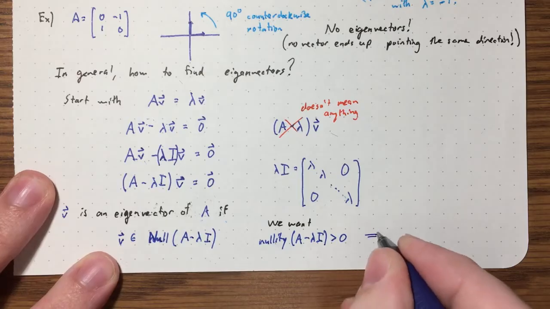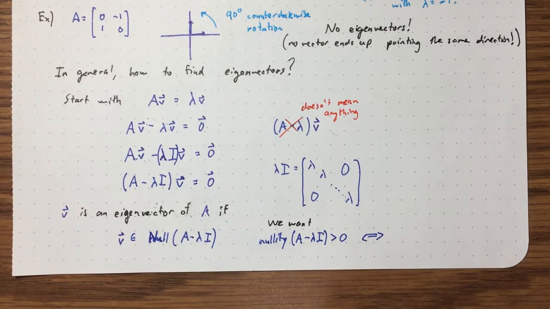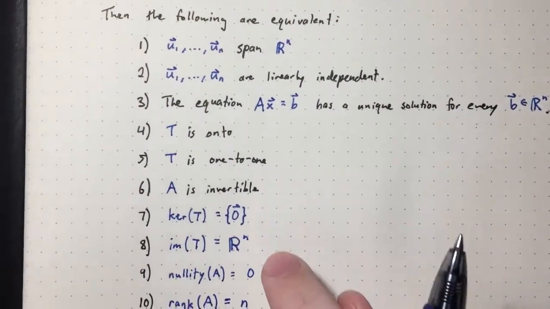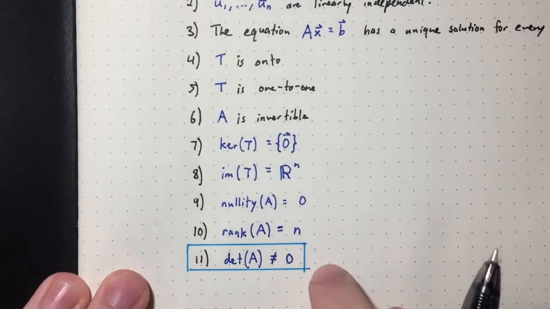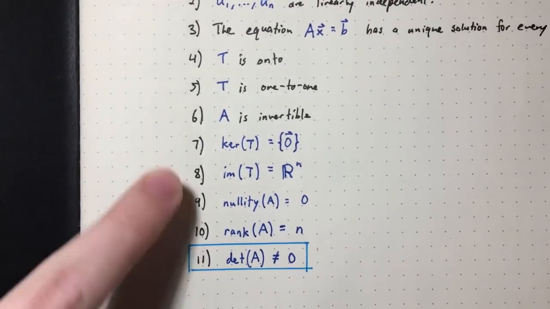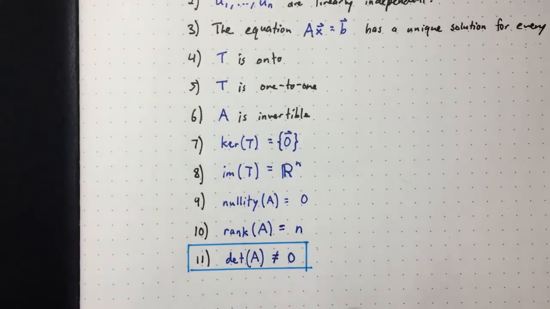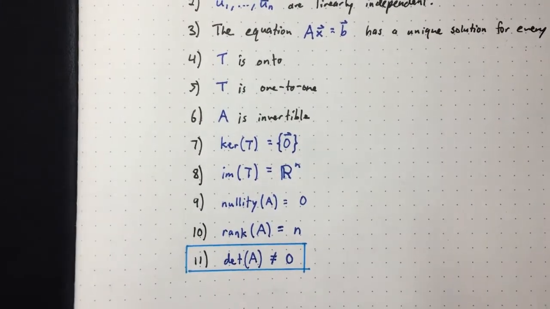And the easiest characterization of a matrix not being invertible, let me grab the unifying theorem here. Yeah, it's this one here. A matrix is invertible when its determinant is non-zero. A matrix is not invertible when its determinant is 0.